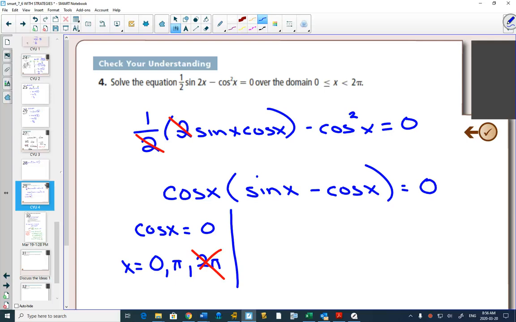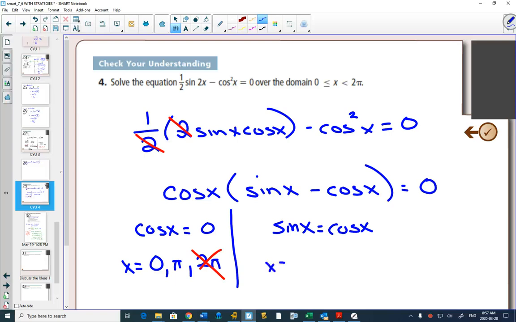Okay? This one's a little bit harder because sine x minus cos x equals 0. Can you see that you're really trying to find out when sine x and cos x are the same? If they're the same, then that will equal 0. So one way you could do this is just think about your unit circle. You said 45 degree or pi over 4 family, right?